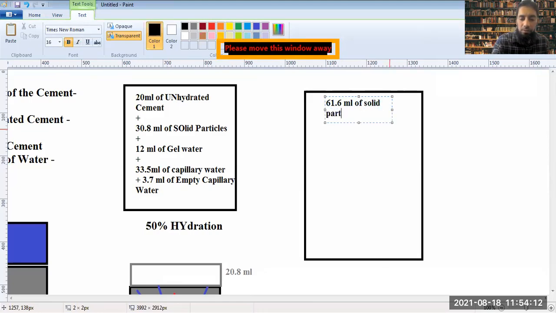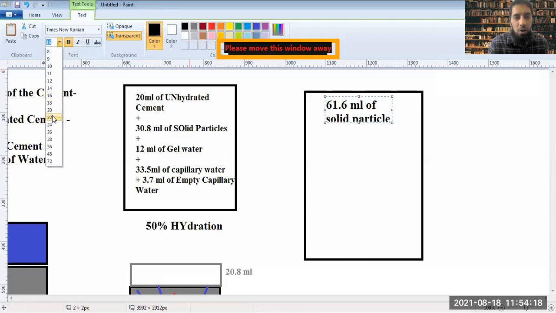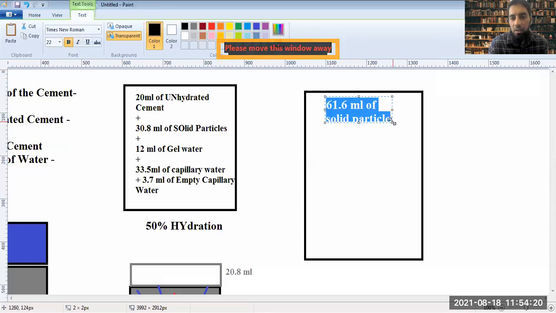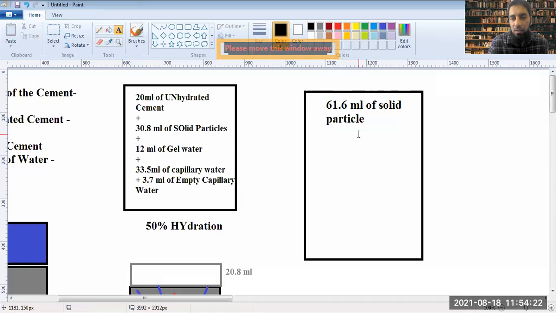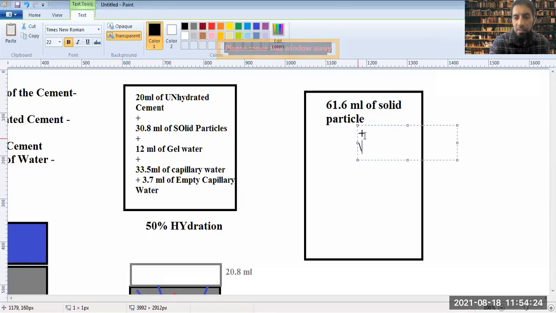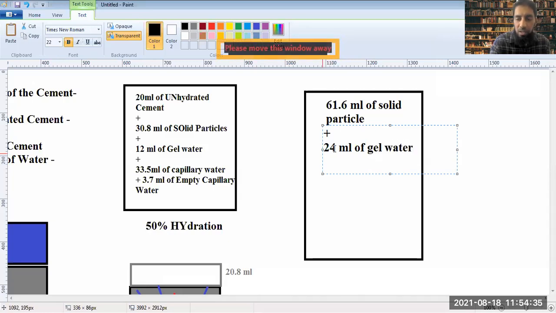So all of the unhydrated cement has actually now reacted, and it has formed the solid particles. So one component is this. The other component apart from this is 24 ml of gel water. So that remains there. 7 ml of capillary water.